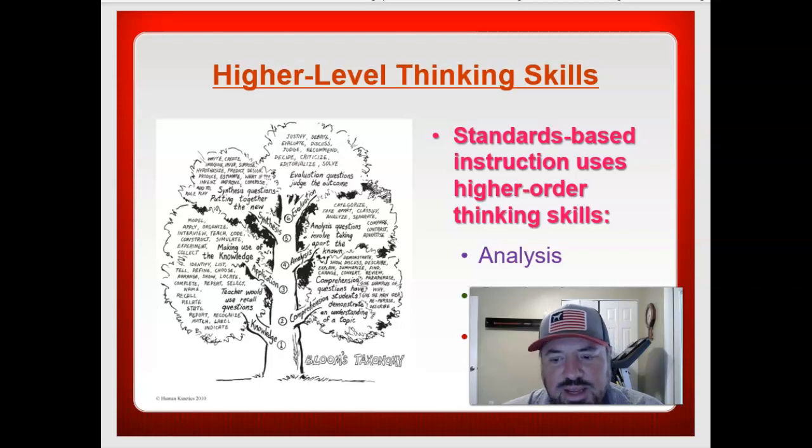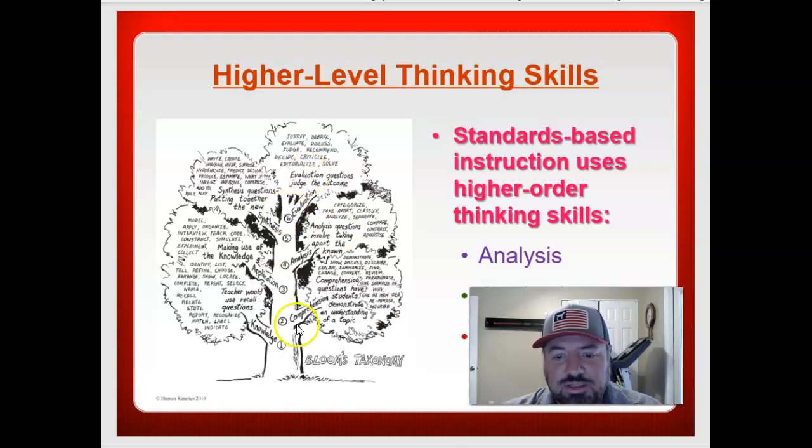All right? And evaluation is the last one here. How do I evaluate things? You're pulling in your analysis and synthesis skills to make an educated decision based on some historical perspectives, some laws, and then just comparing information. So you're able to make an evaluation.